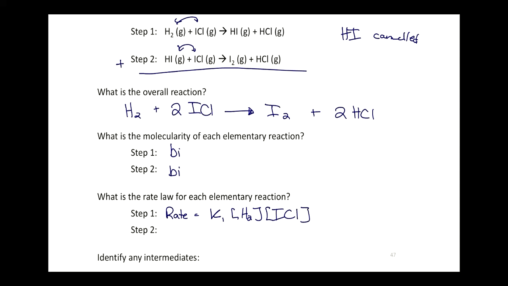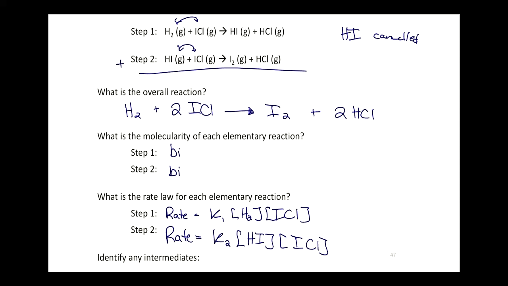We're just taking those reactants. The rate law for the second step is the same idea, with its rate constant, which I'll call k2, and the rate depends on how much HI is present and how much ICl is present.